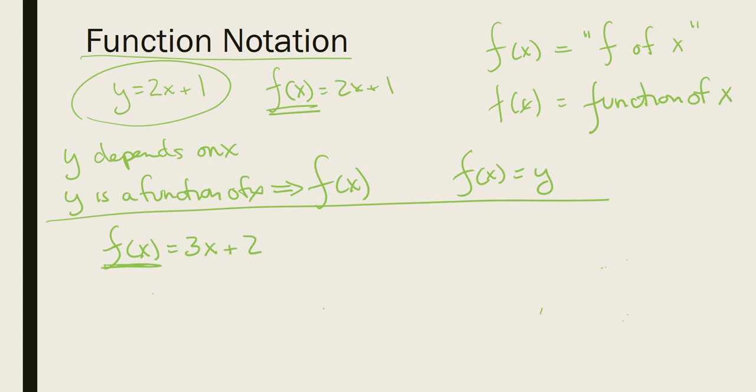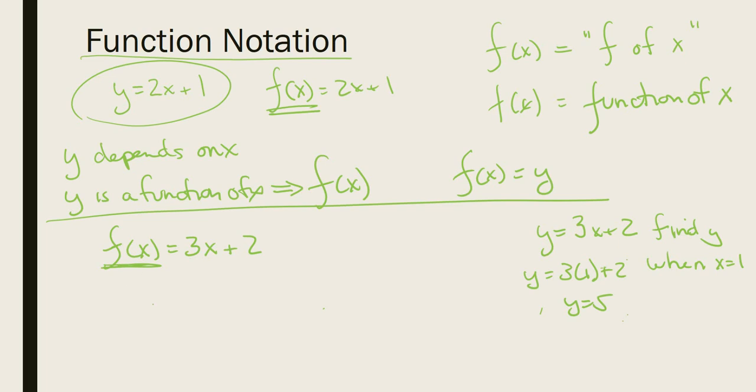Now, if I want to find a particular value for this equation, the old way would be to say y equals 3x plus 2, and we would say find y when x equals 1. And you would say y equals 3 times 1 plus 2, so y equals 5.